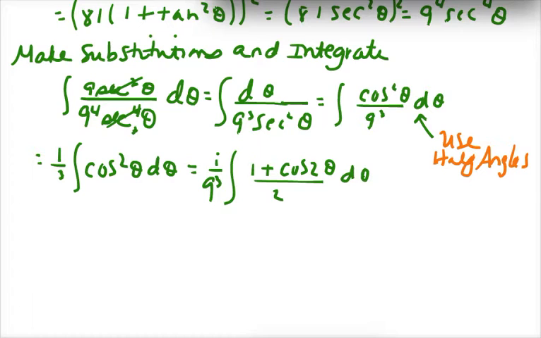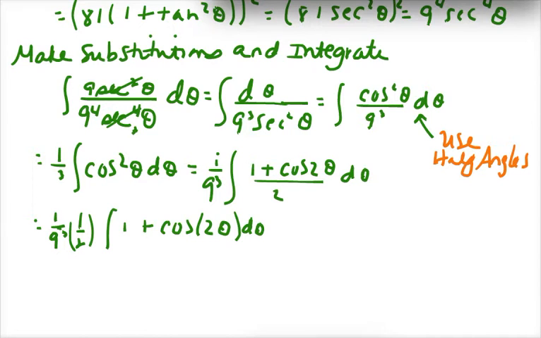So carrying along here, I'm going to pull out the 1/2. And I'm left with cosine of 2 theta d theta. It's best to have it in terms of theta for the reference triangle.